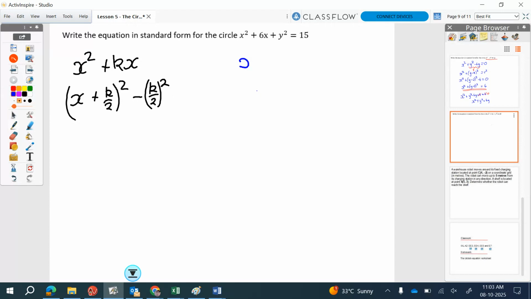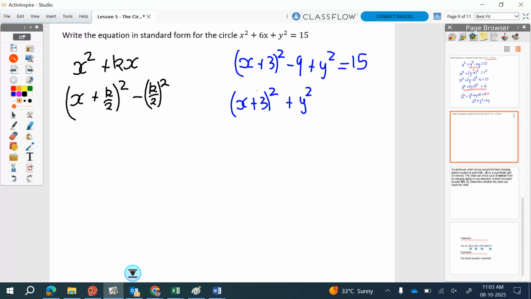So we want x plus 3 squared minus 9 plus y squared equals 15. This gives us x plus 3 squared plus y squared equals 24.